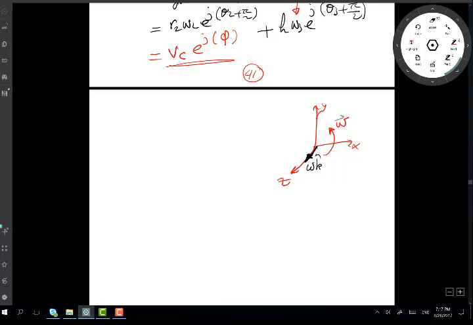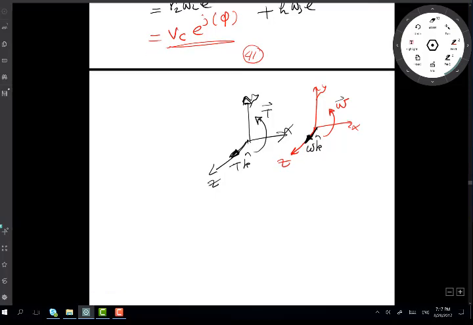The same goes for the torque, which is T times k, exactly like omega. We see the rotational effect of those in the plane, but in fact, as vectors, they are directed in the k direction.